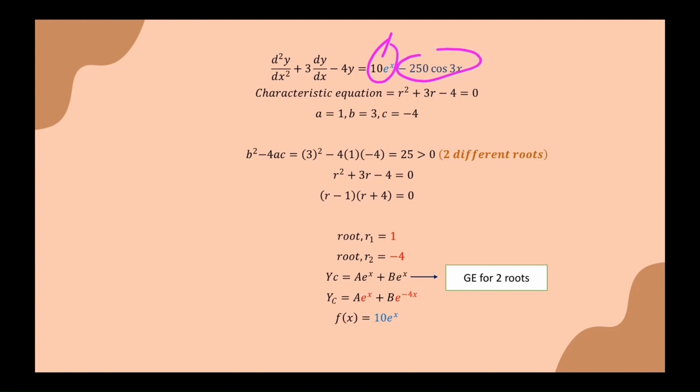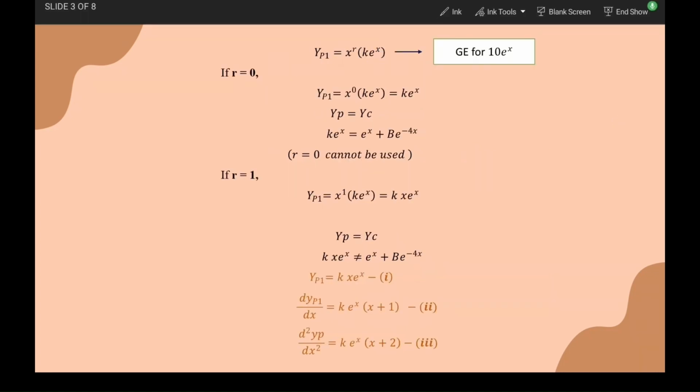I would like to begin with the first one, e to the power of x. We have to bring it out from the equation and rewrite it separately like this: f(x) equals e to the power of x.